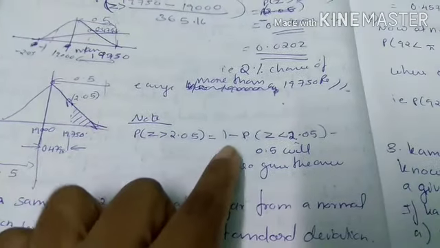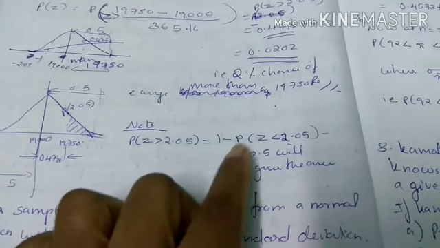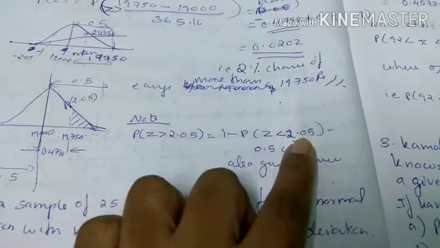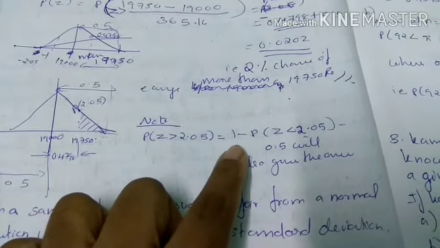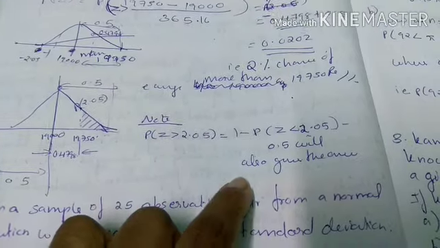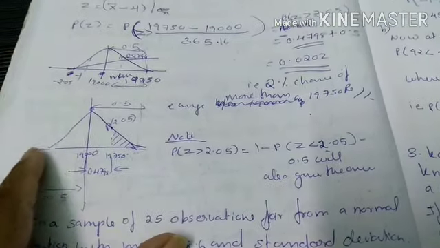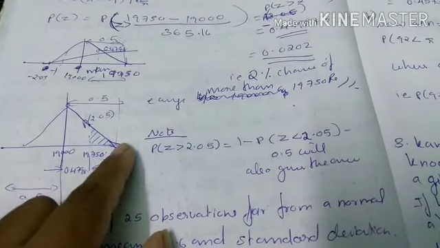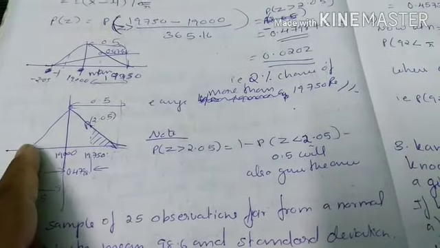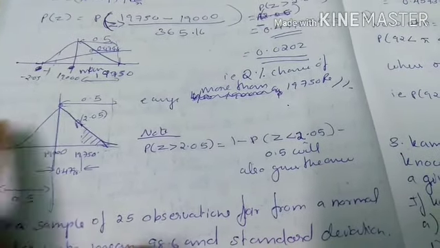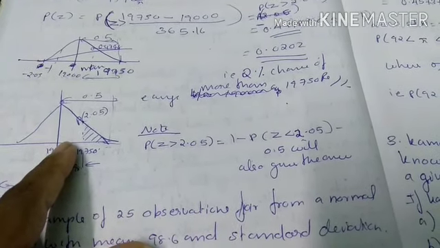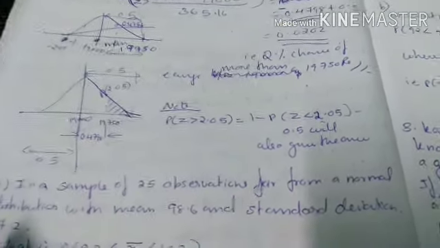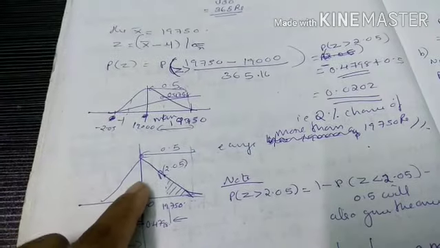So we can rewrite it as 1 minus probability of z less than 2.05. We know that the total probability is 1, so this whole graph has a probability of 1. If we subtract 2.05 from this, that is 1 minus this left side region.